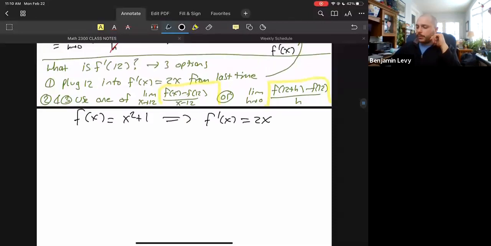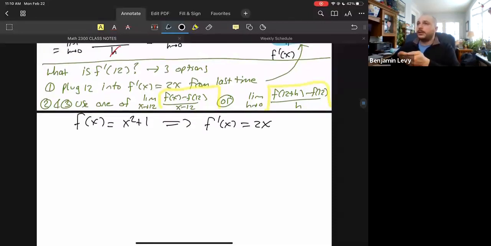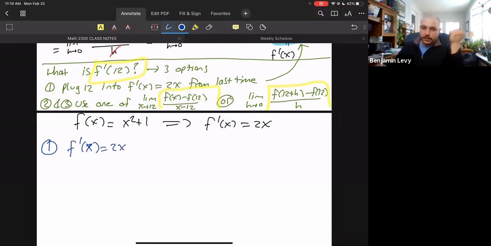And so if we want to know the rate of change at 12 specifically, that's really what we're focusing on right here, this f prime of 12 is what we want. Then this function just lets us plug anything into that to find it. So the derivative is 2x. That implies if we want the derivative at 12, we just plug a 12 into there.